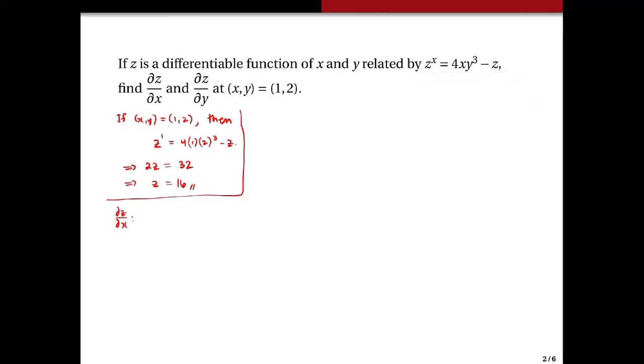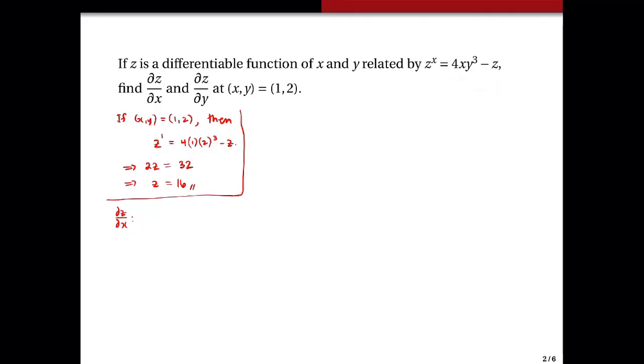Since we are differentiating with respect to x, we have the function z in the exponent as a variable. So remember, if you have a variable raised to a variable, we have some special techniques on how to get the derivative of that.